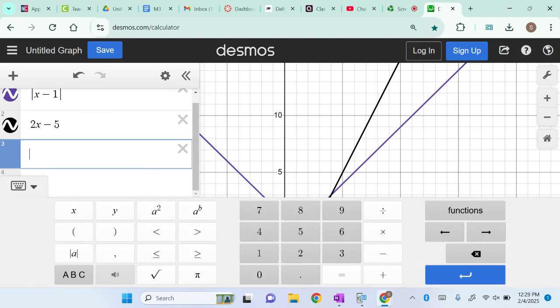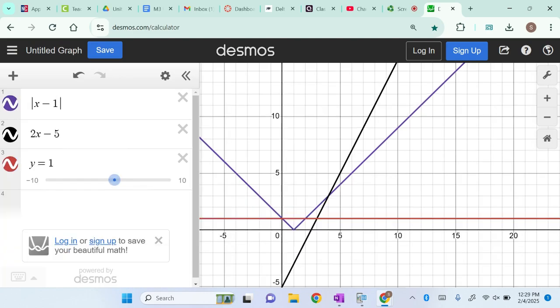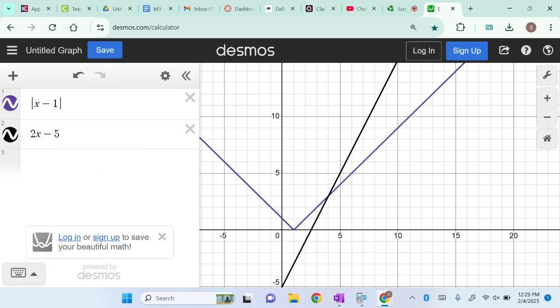Let's say I wanted to know for the black one when y is equal to 1. Same thing, you would just find the point of intersection. So x has to equal 3 for 2x minus 5 to equal 1. So that's just a little trick that you can always use.